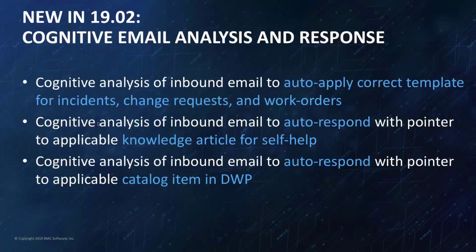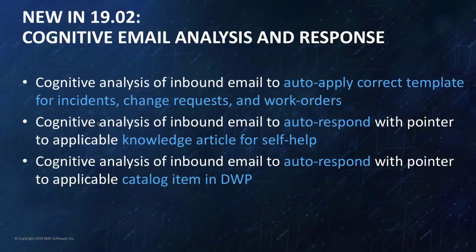Now, what we did in 19.02 here is to further build out this cognitive email analysis and processing. Again, that's where we see customers spend a lot of manual work, and ultimately we believe that's a big cost savings opportunity to let a cognitive service not just process and analyze the inbound email and create it with the right template.